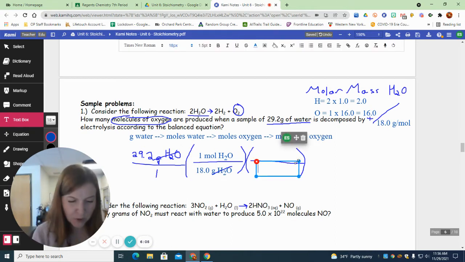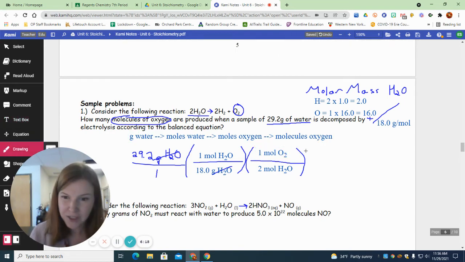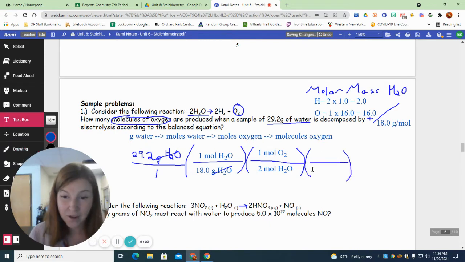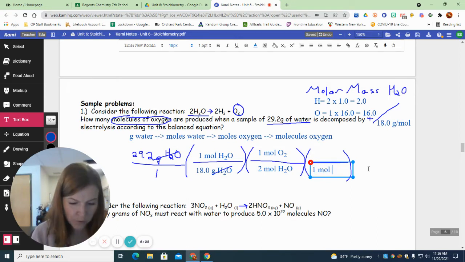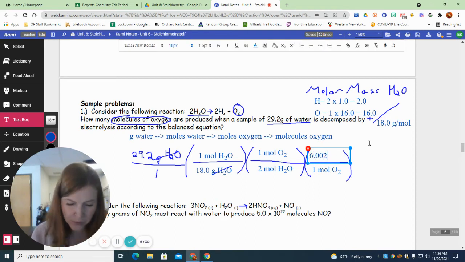I know from the balanced chemical equation, there are 2 moles of H2O for every 1 mole of O2. Okay? And then my last fraction here, I have to get to molecules, right? So I know 1 mole of anything, so in this case O2, is equal to 6.02 times 10 to the 23 molecules. Let's put that in, okay?